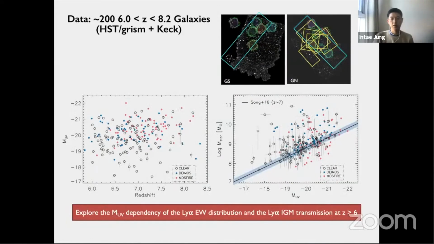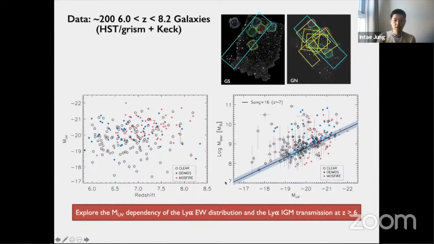As a result, we compiled an HST plus Keck dataset of over 200 redshift 6 to 8 candidate galaxies in order to explore the MUV dependency of the Lyman-alpha equivalent width distribution and the Lyman-alpha IGM transmission at redshift of 6. The left panel shows the MUV distribution of sample galaxies in CLEAR as a function of redshift, with Keck targets and the M star MUV relation shown in the right panel.